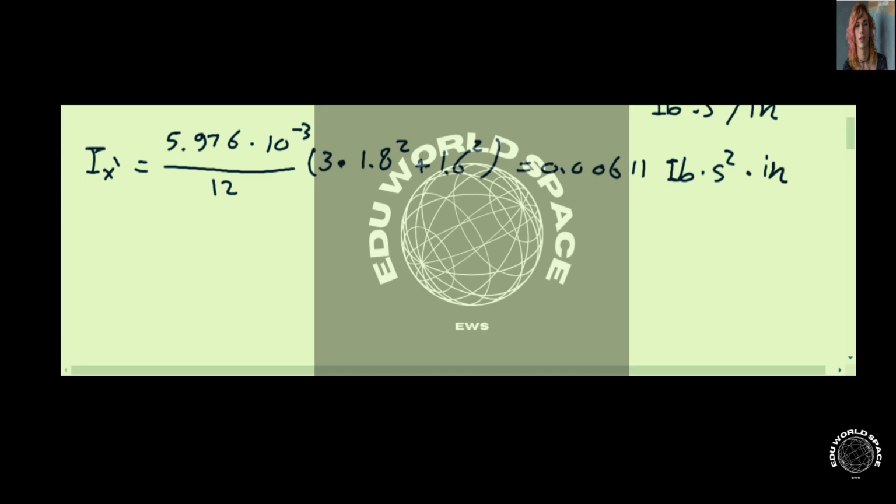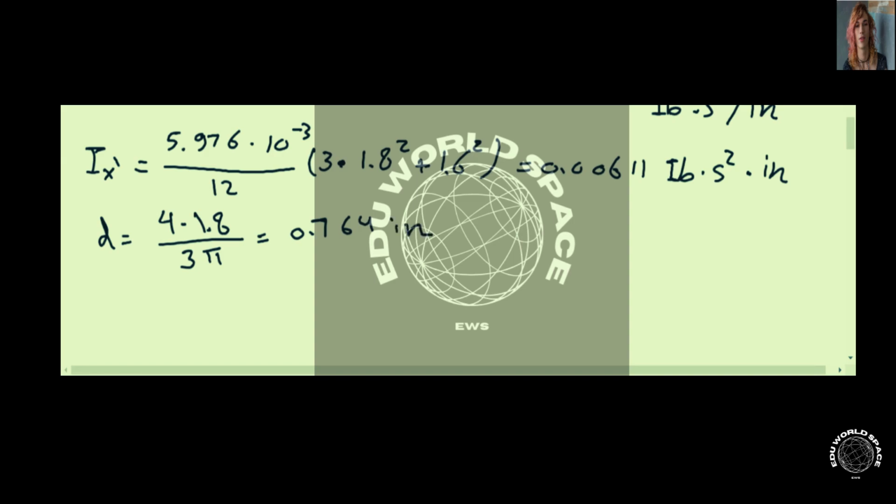The distance between centroid C2 and x dash axis is d equals 4 multiply 1.8 over 3 pi, equal to 0.764 inch.